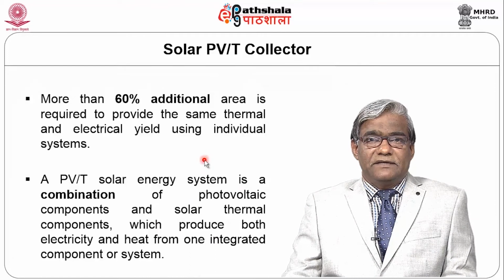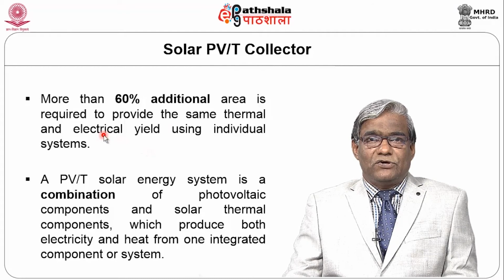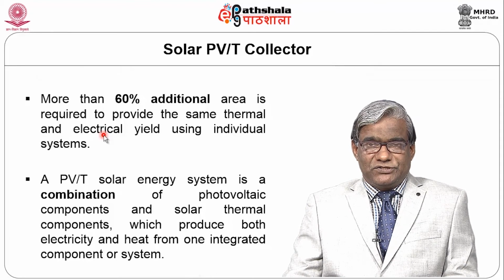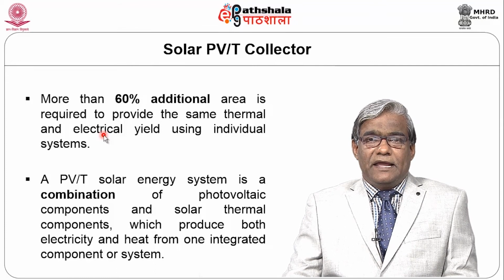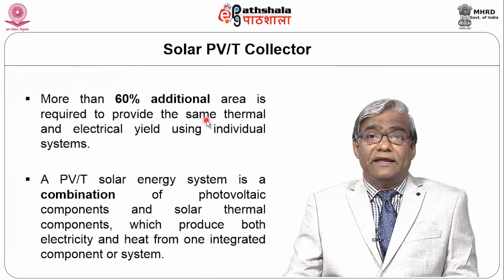And these are some of the advanced systems, that is, the solar PVT collector. When we have a solar flat plate collector, it occupies some area, and apart from that, when we have a solar photovoltaic system for lighting or fan application, again it will occupy area. When we couple solar PV and thermal, definitely the area can be reduced.